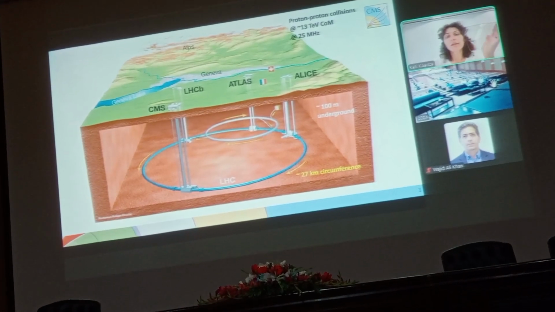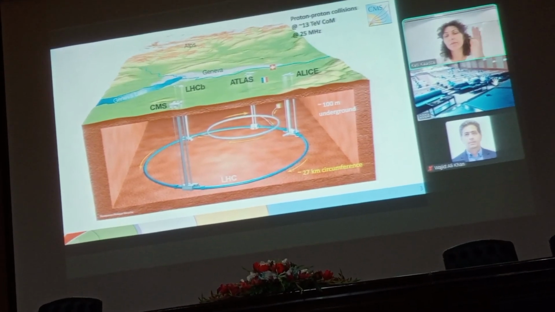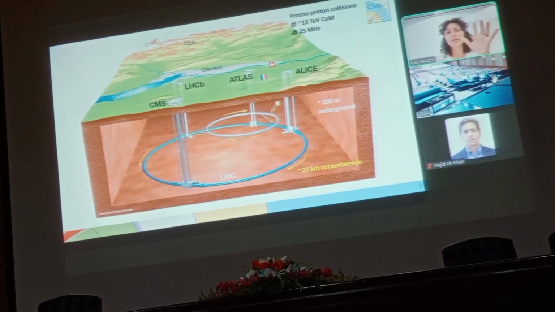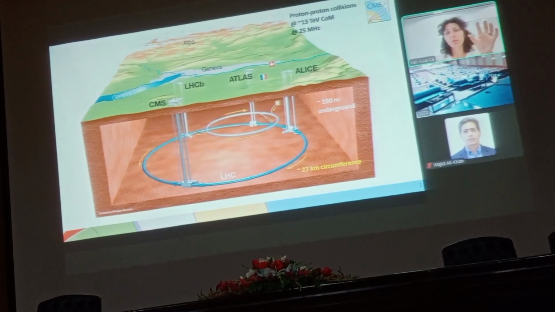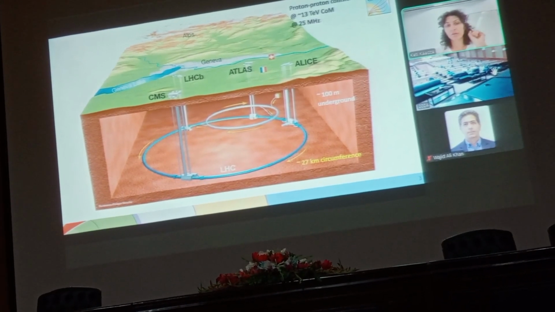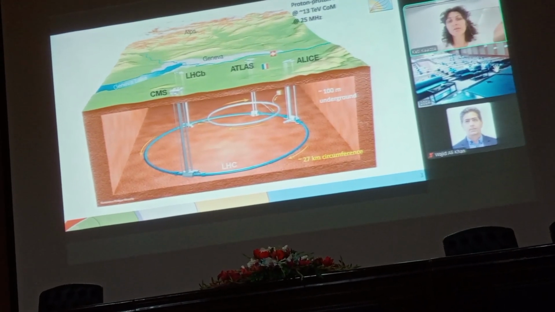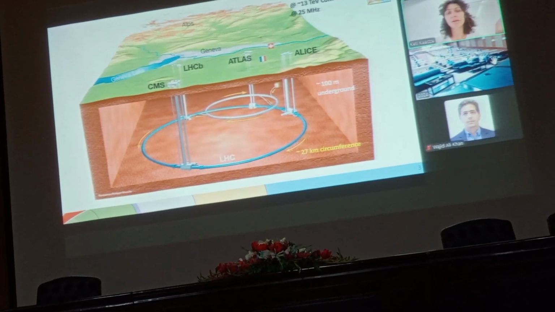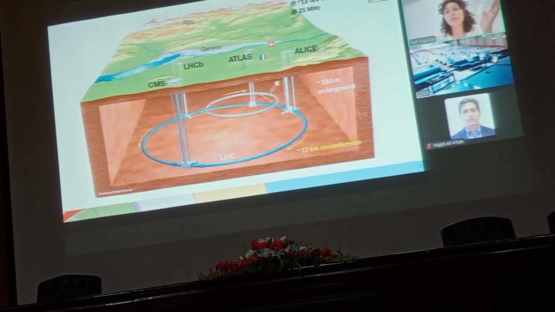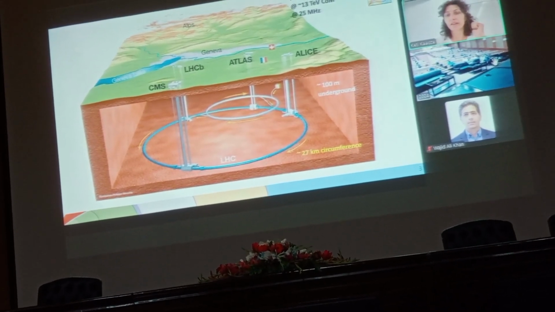While we have 2 other types of detectors, which is LHCb and ALICE, which are specifically targeting some processes that they are sensitive to. So in particular, LHCb is to study the processes with b quarks or b mesons, and ALICE is to study heavy ions.